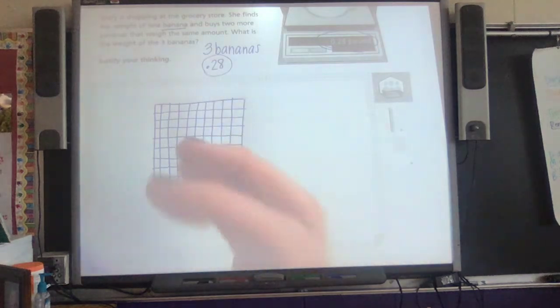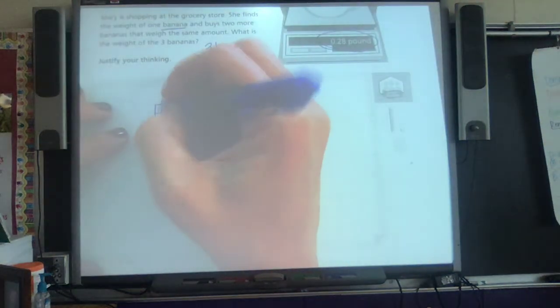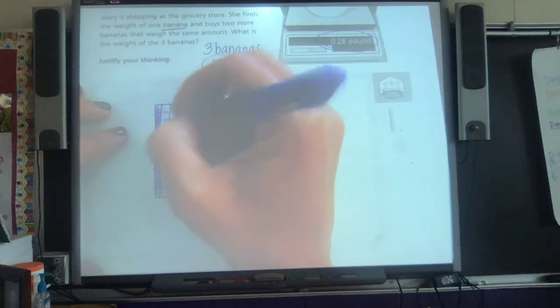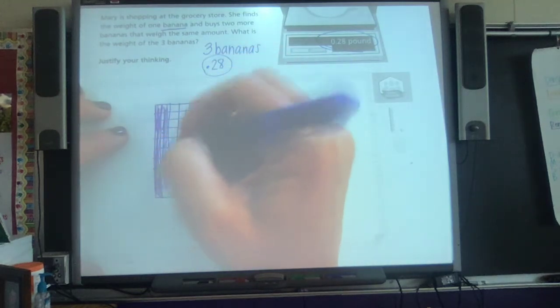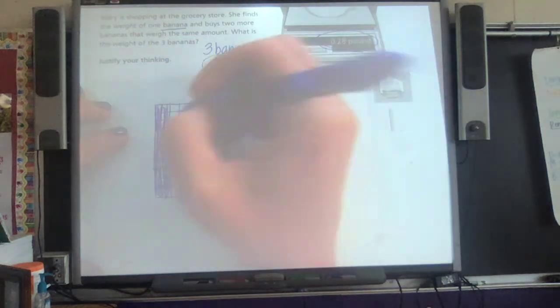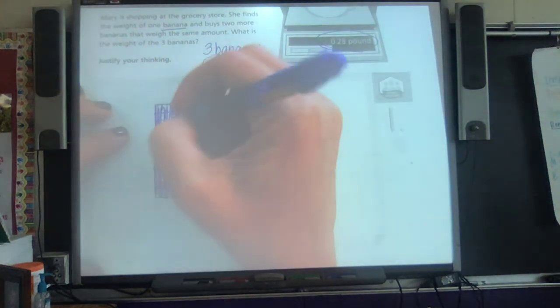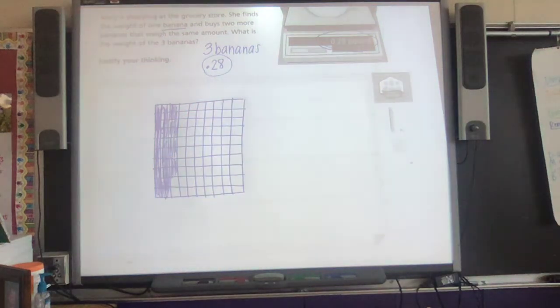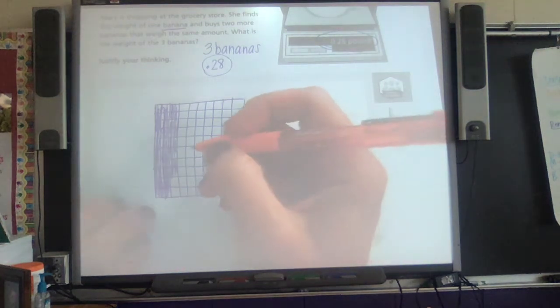So if I want to represent just my 28 hundredths, I know that this would be a tenth, 2 tenths, or 20 hundredths. 21, 22, 23, 24, 25, 26, 27, 28. Okay? So that is 1 banana. So if I am going to represent another banana, then I can just keep on making 28.